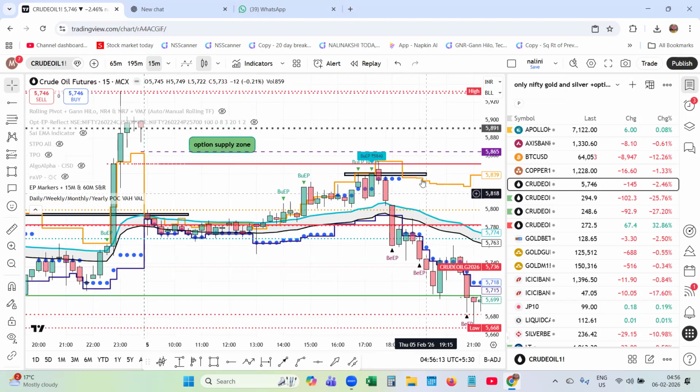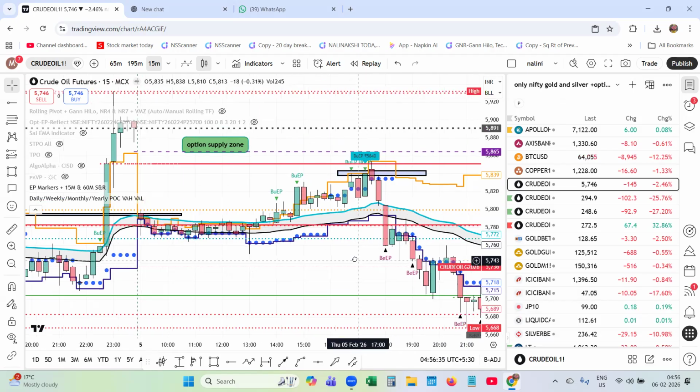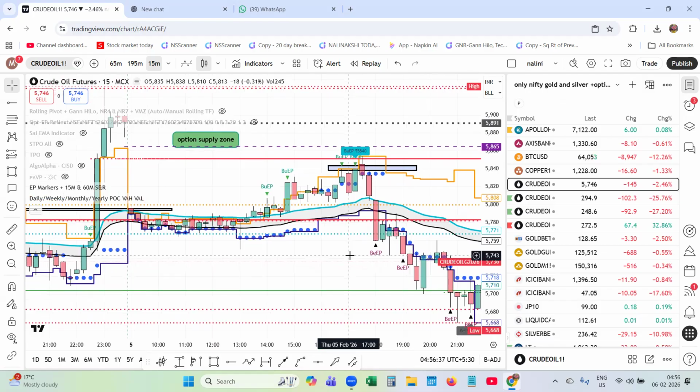Why I'm explaining this is that this is around 4:30, 4:15, I believe, 5:30. This is 5:30 p.m., friends. Evening 5:30 p.m., so people who have come from the office get an opportunity.